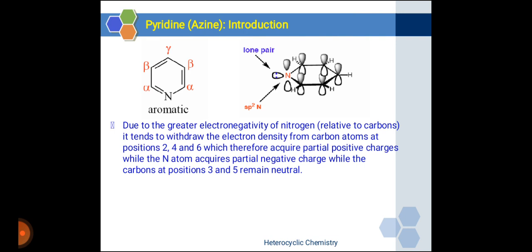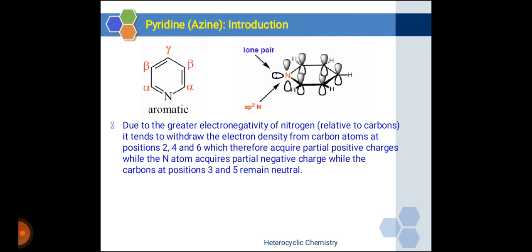Already I told you nitrogen is an element with very good electronegativity. Due to the greater electronegativity of nitrogen relative to carbon, nitrogen tends to withdraw electron density from the carbon atoms at positions 2, 4, 6.